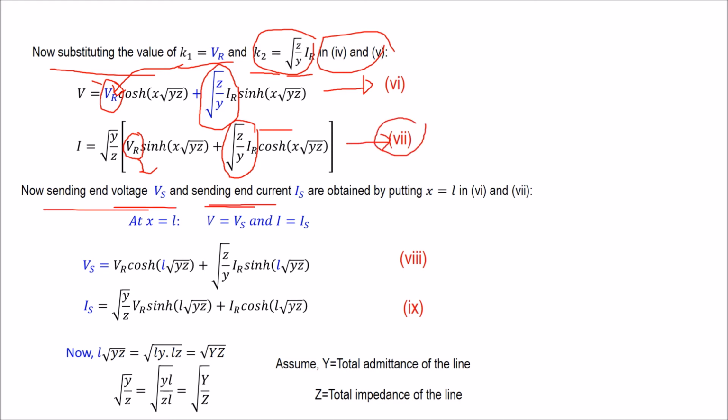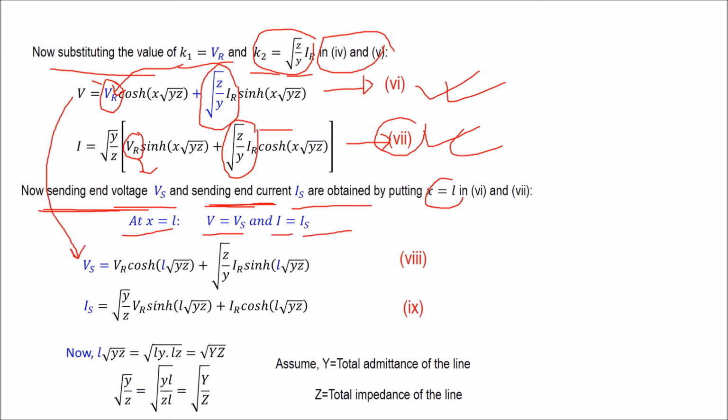Now the sending end voltage Vs and sending end current Is are obtained by putting x equal to L in equations 6 and 7. So at x equal to L, V equal to Vs, right? And current I equal to Is, right?